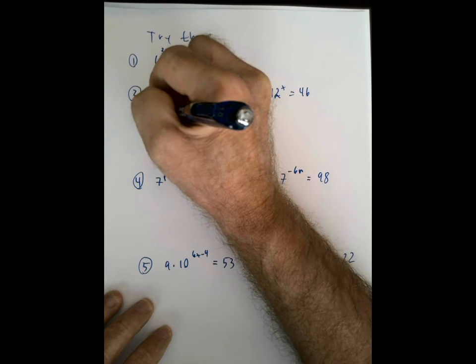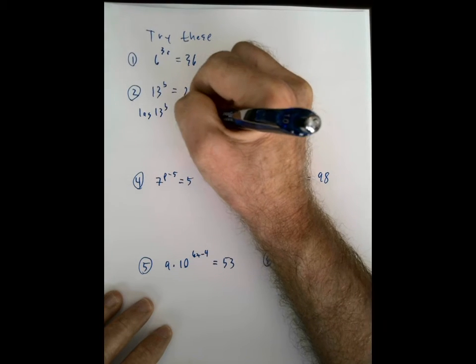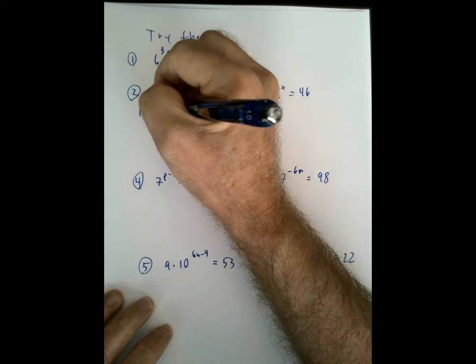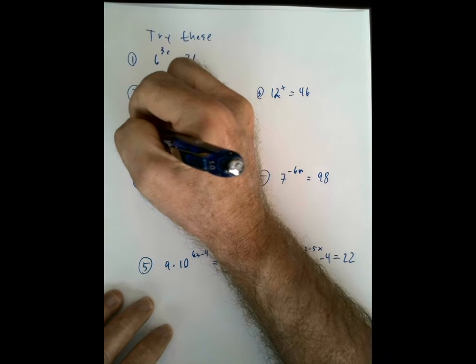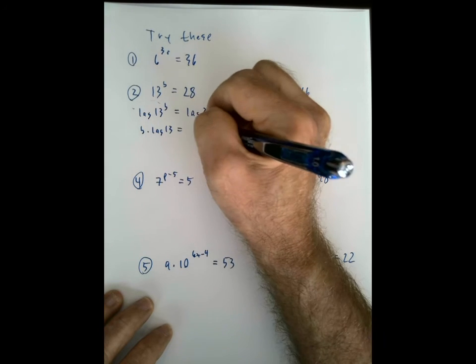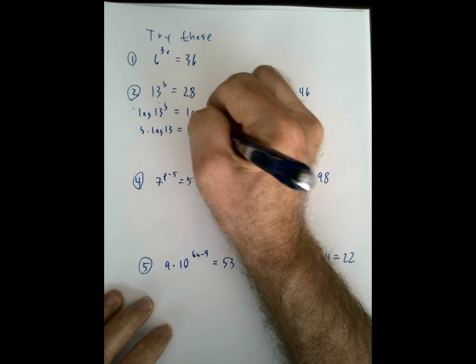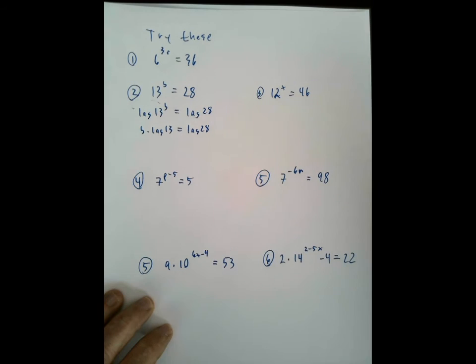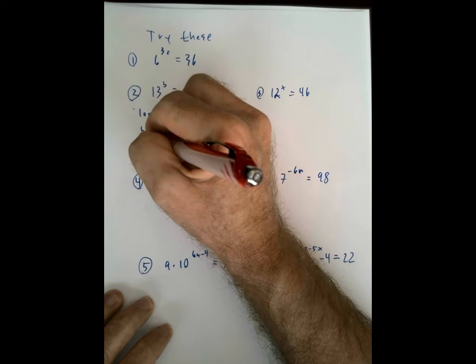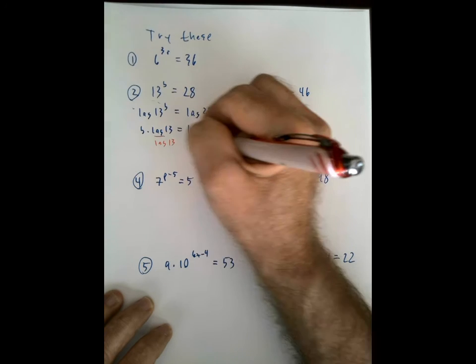Log both sides. So on this one, log both sides. The b swings out in front. B times log 13 is equal to log 28. Divide both sides now by whatever log 13 is.